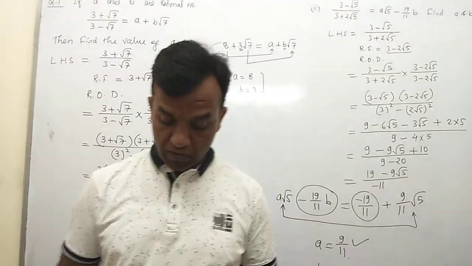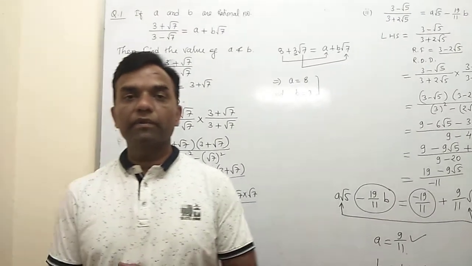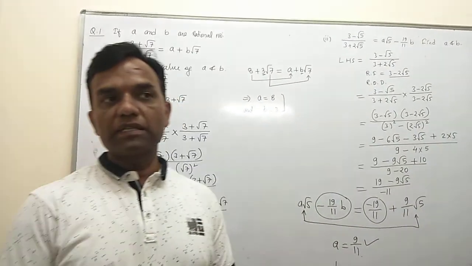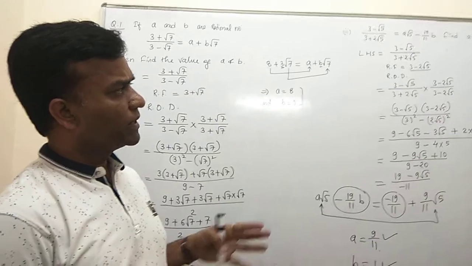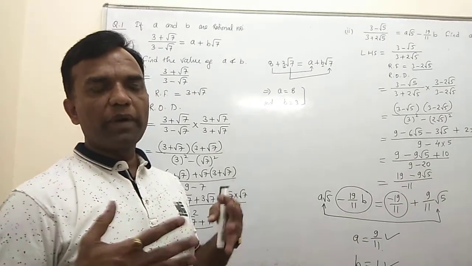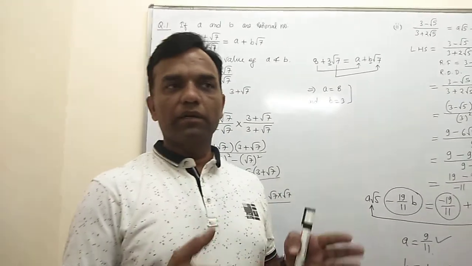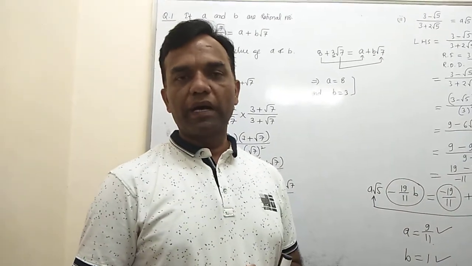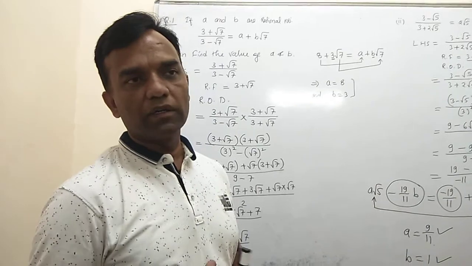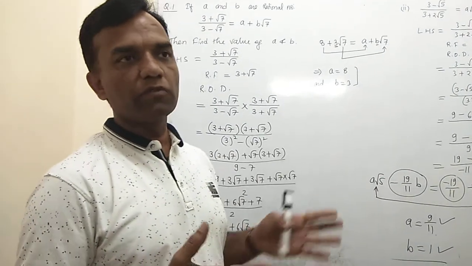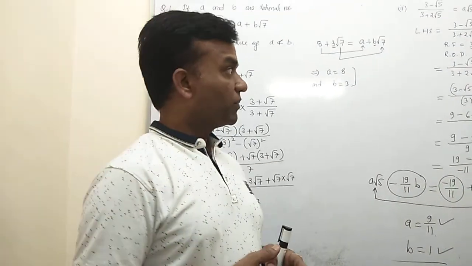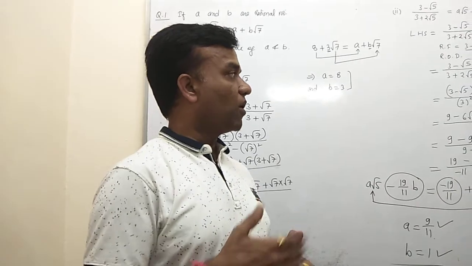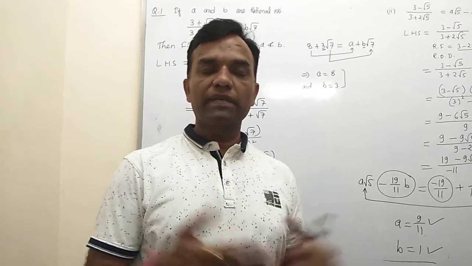Here we have more examples related to the same rationalization concept, because in this video our main focus is only the rationalizing factor, RF, the shortcut we use, and for rationalizing the denominator we use ROD. So remember ROD and RF, and practice all questions with some examples.